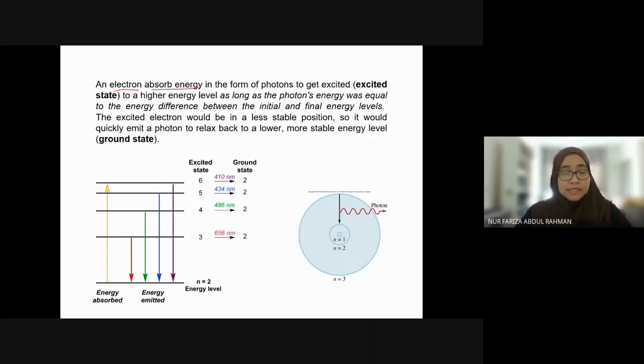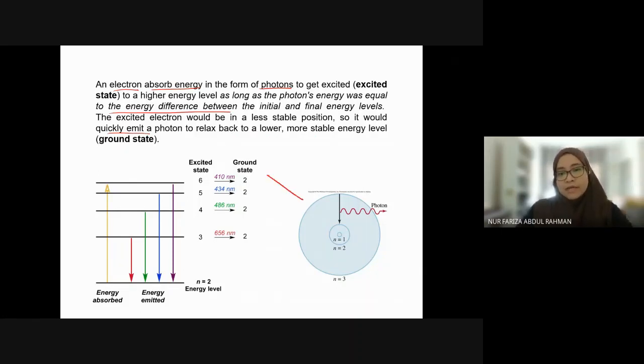It absorbs energy in the form of photons to get excited to a higher energy level, as long as the photon's energy was equal to the energy difference between the initial and final energy levels. The excited electron would be in a less stable position, so it would quickly emit a photon to relax back to a lower, more stable energy level, the ground state.